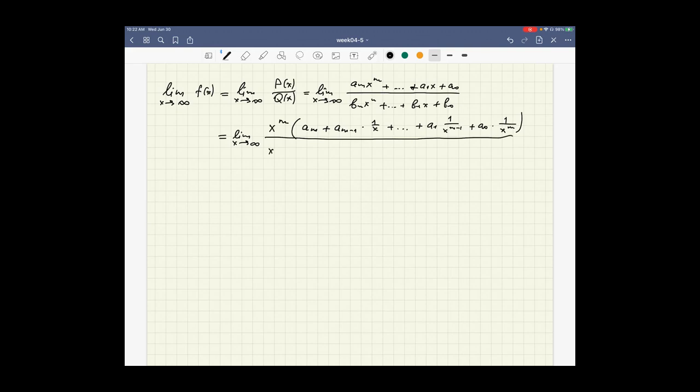And in the denominator, we will have a similar construction, x to the power n, times b sub n plus b sub n minus 1 times 1 over x plus etc. plus b1 times 1 over x to the power n minus 1 plus b naught times 1 over x to the power n.